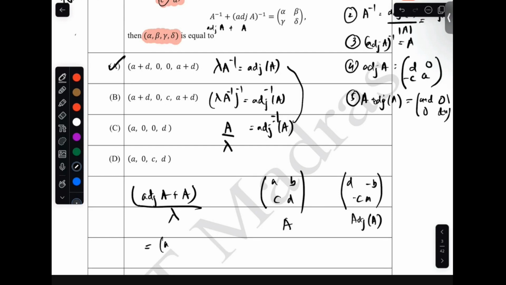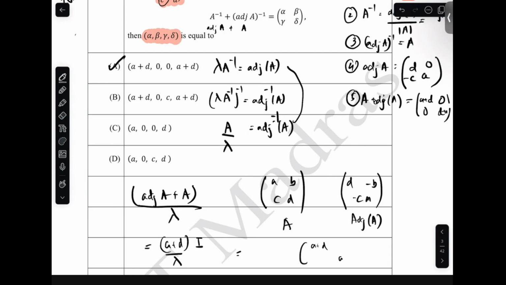So it's again A plus D times a diagonal matrix. So it's like A plus D times I. If you add it, it will be A plus D in the diagonal and 0, 0 here. So it will be A plus D times I, right?